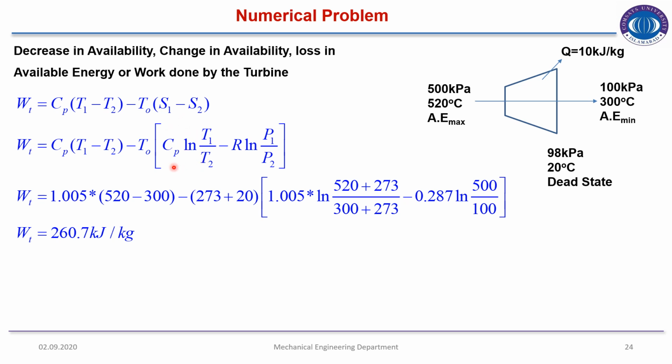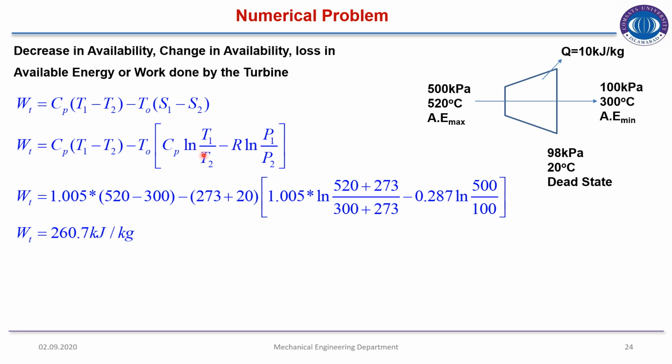As you can remember, we have calculated three different forms of change of entropy for an ideal gas, and as air is an ideal gas, we can use any of them. One relation was between temperature and pressure, the other between temperature and volume, and the third between pressure and volume. I've told you we will use the relation according to the data provided in the numerical.